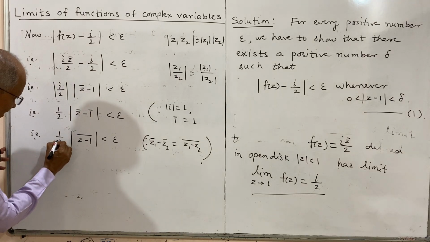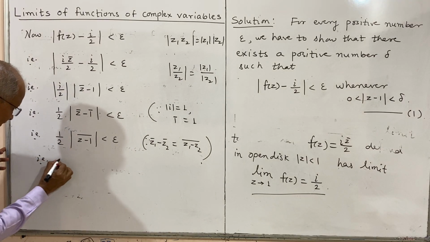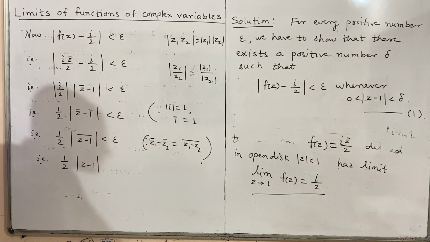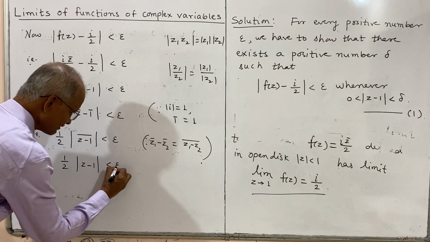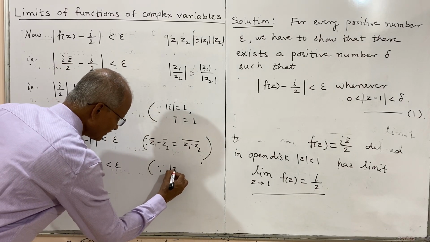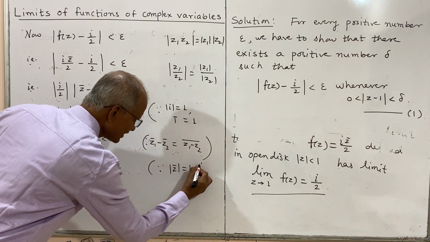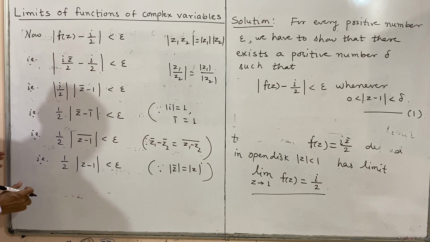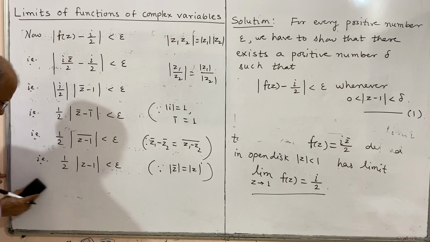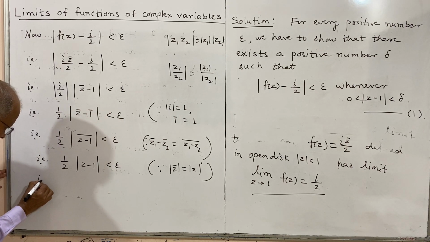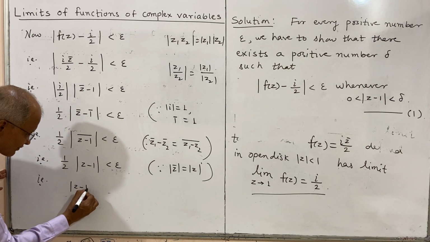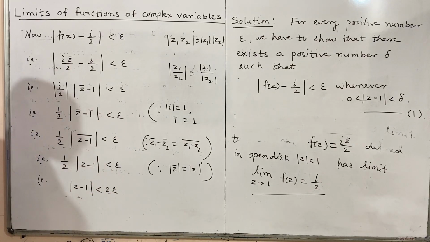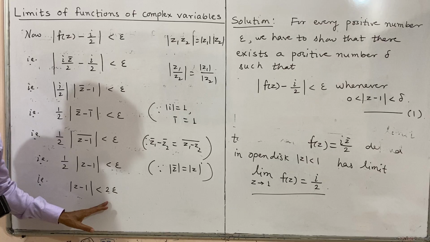So this is 1/2 mod of (z − 1) less than epsilon, since absolute value of z bar is the same as absolute value of z. What this suggests here is, multiply by 2, that is |z − 1| < 2 epsilon. We have multiplied both sides by 2, and the inequality remains the same.